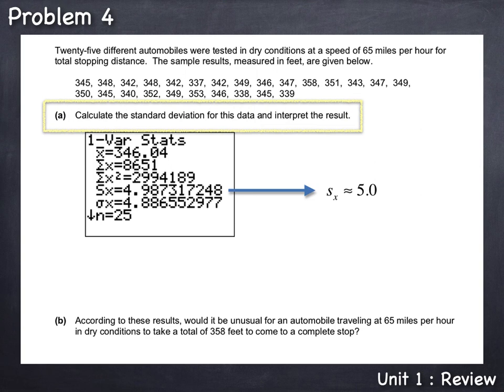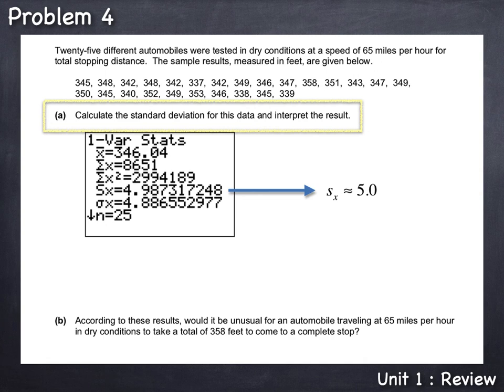The standard deviation is measuring the deviation or variation in the data, how spread out it is from the mean on average. So the standard deviation is sort of the average deviation the data is from the mean. So all three of those important concepts need to be included in our interpretation.